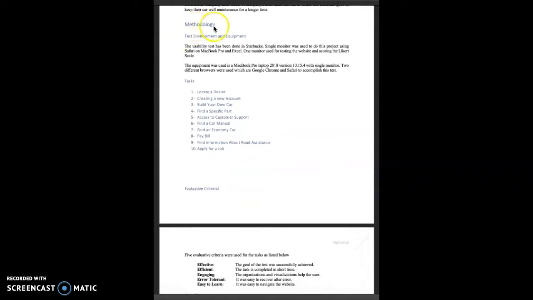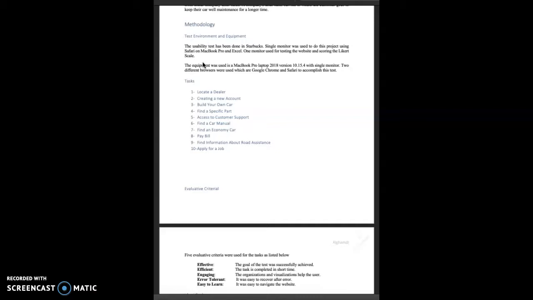Then I talked about the method, where I used my MacBook Pro 2018, and I started looking at those websites. The websites were easy to understand and to apply all the methods, so I came up with 10 tasks for this.